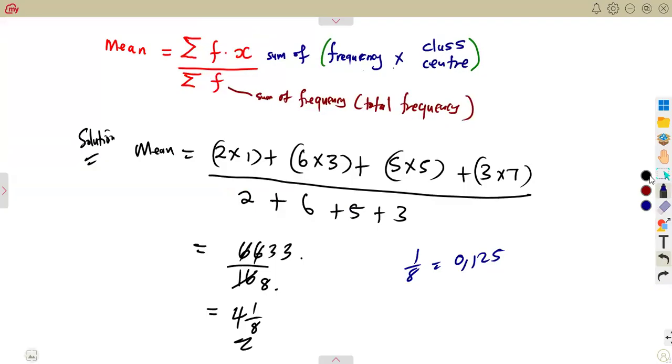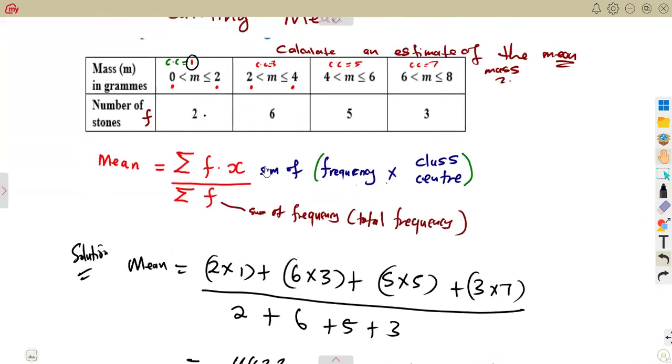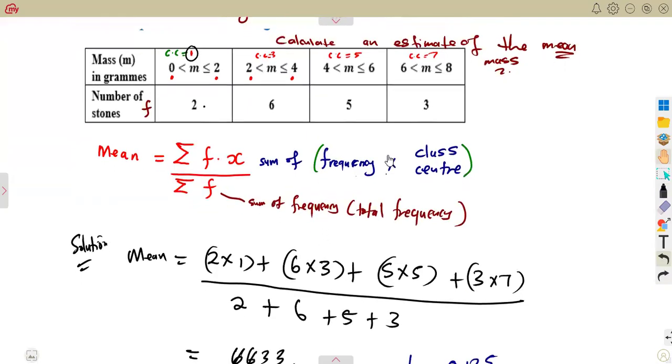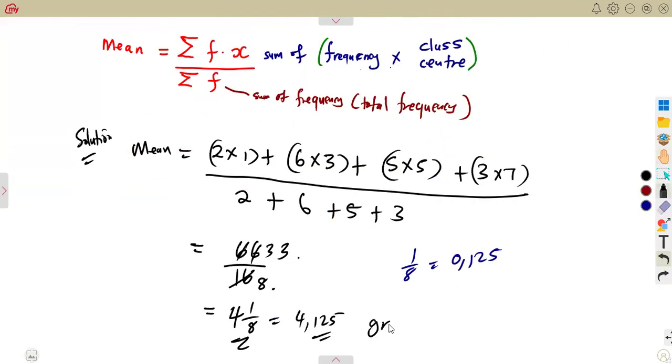So this one can also be written as 4,125 as a decimal. That is the mean mass that we are given in what? In the grams, as we are given that this mass is in grams. So the mean, an estimate of the mean mark, can be calculated this way using the class center concept.